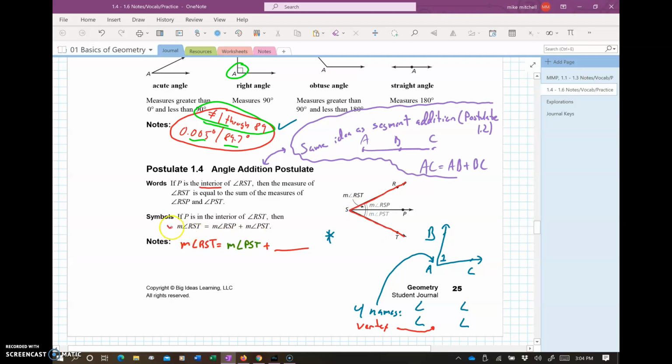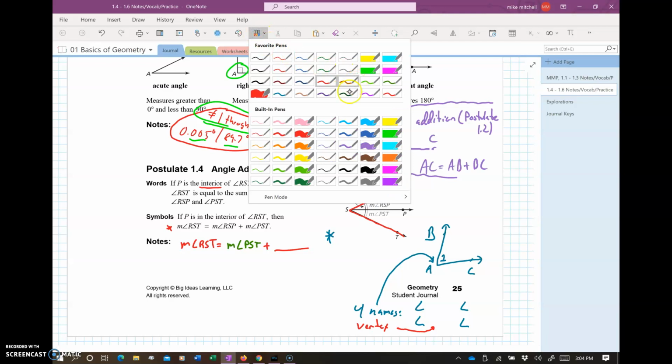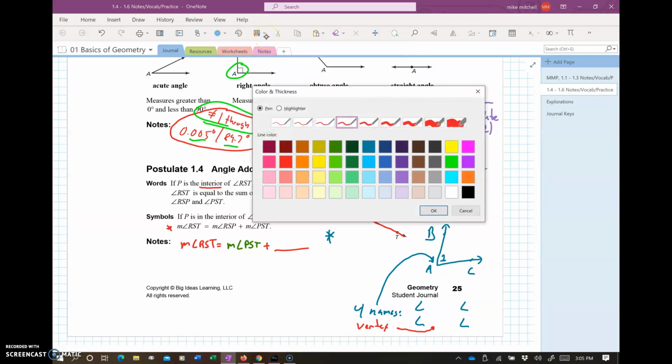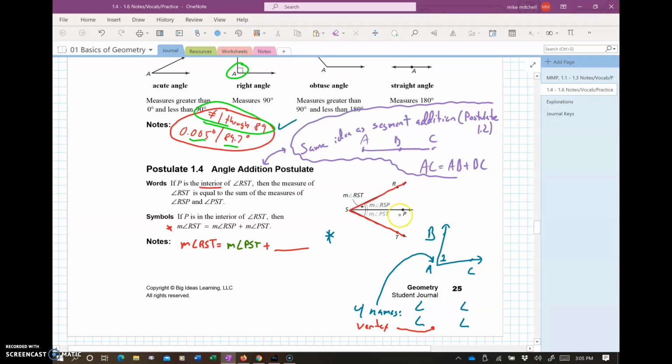I kind of switched the order a bit from this one. And then they have PST, that's the green one. So use that green. There's PST, P down to S up to T.